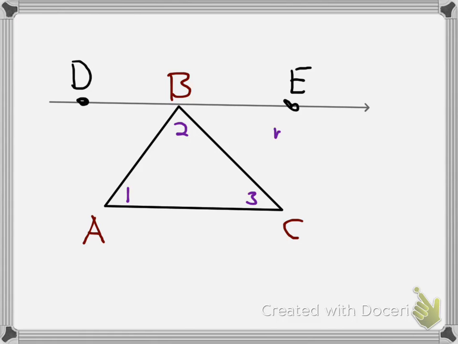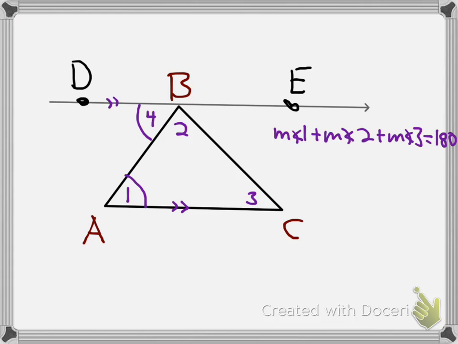So I know that the measure of angle 1 plus the measure of angle 2 plus the measure of angle 3 equals 180. Now, what can we also find here? Now, we said we had parallel lines. If I labeled angle 4 here, not only is angle 4 could be called DBA, and it does hit that parallel line, but it's actually congruent to angle 1.